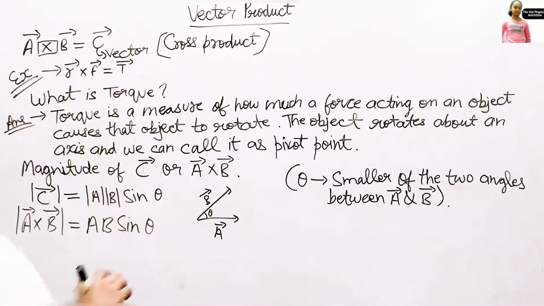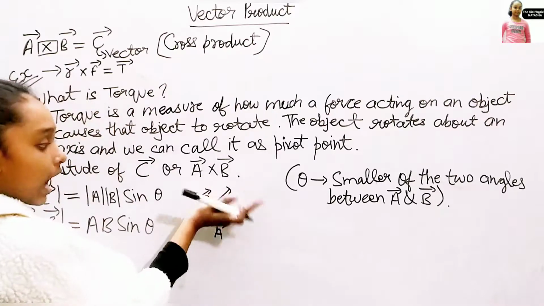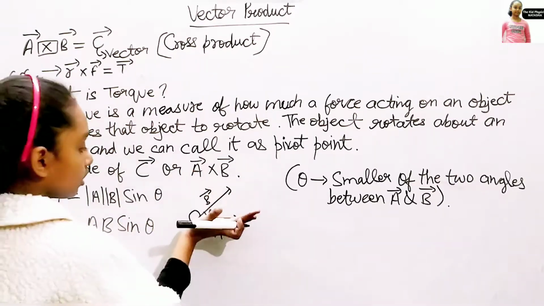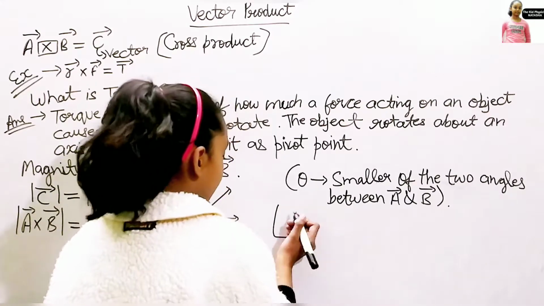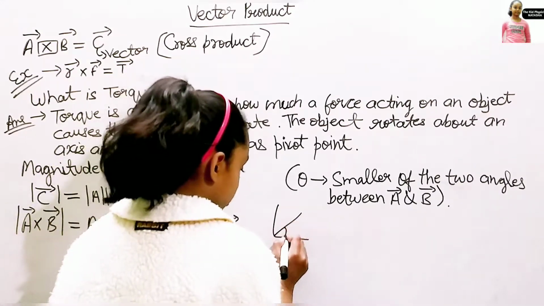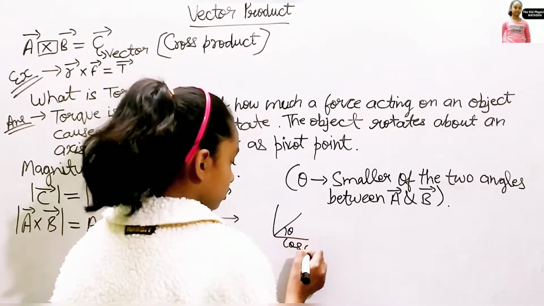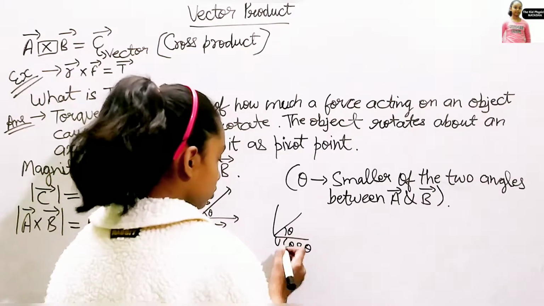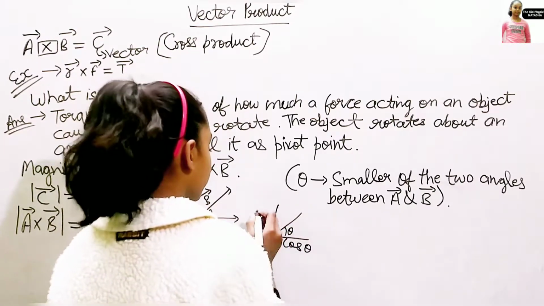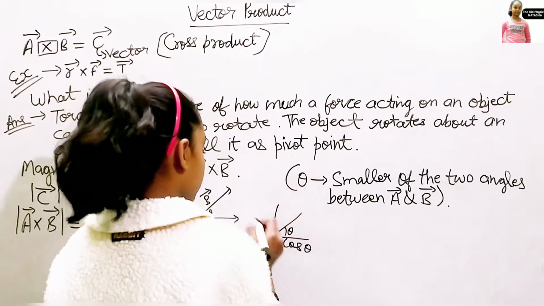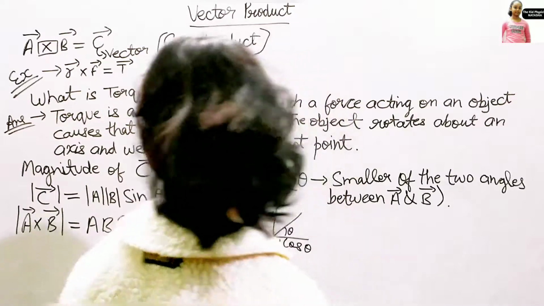Got it? And so, the remaining one, along theta, cos. Let me just draw a figure, and suppose there is theta. Along theta, u cos theta, and in this other direction, u sin theta. Got it?